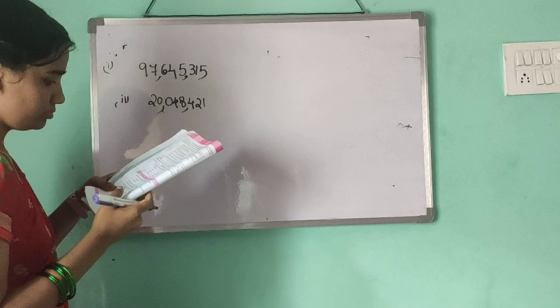So coming to the first bit, the digit at the millions place: 1 million means 10 lakhs, which is 2. Okay, 2 is the first answer. Coming to the second, the hundreds place is 4. Coming to the third, the digit at the 10 millions place, that means 1 crore, is 0. Coming to the fourth, how many millions are there in this number? That means 302. Okay, the answer is 302.